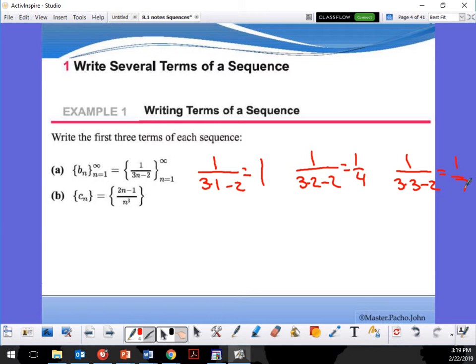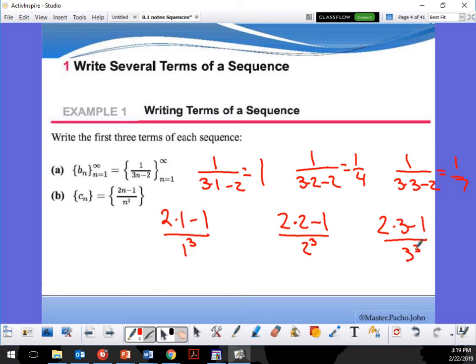So it's going to be 2 times 1 minus 1 over 1 cubed. And it's 2 times 2 minus 1 over 2 cubed. And it's going to be 2 times 3 minus 1 over 3 cubed. So the first one, what are we going to get? 2 times 1 is 2, minus 1 is 1, over 1, which is 1.